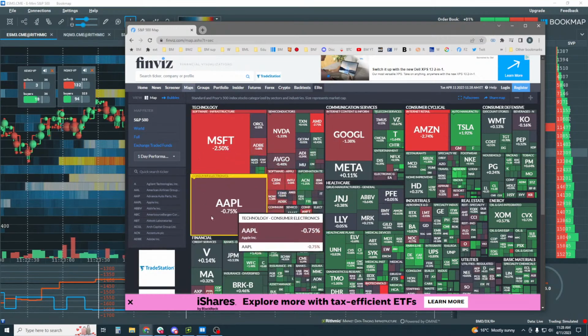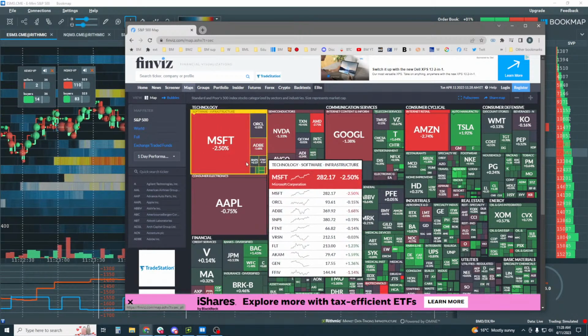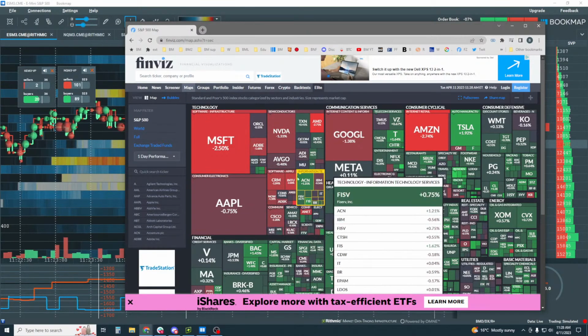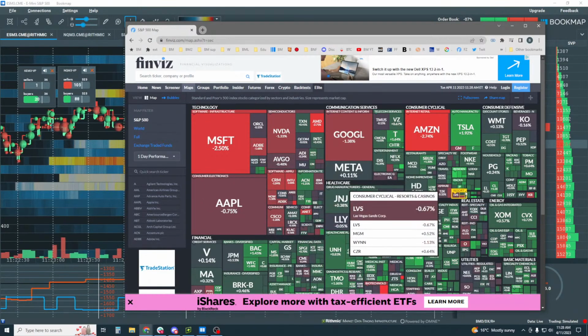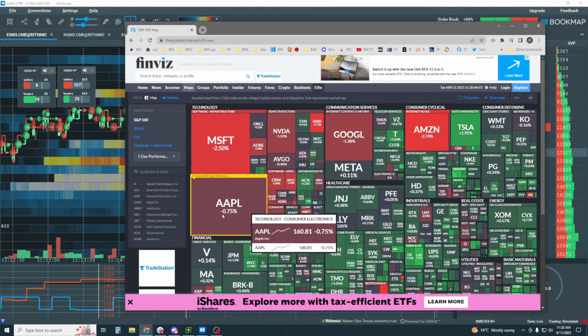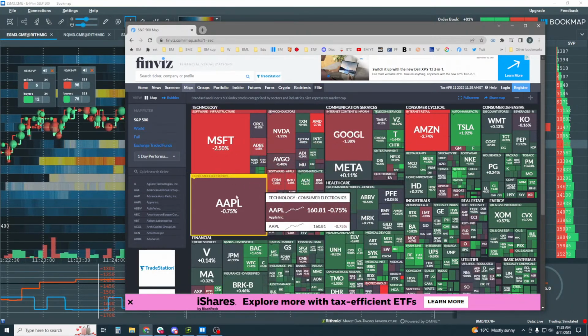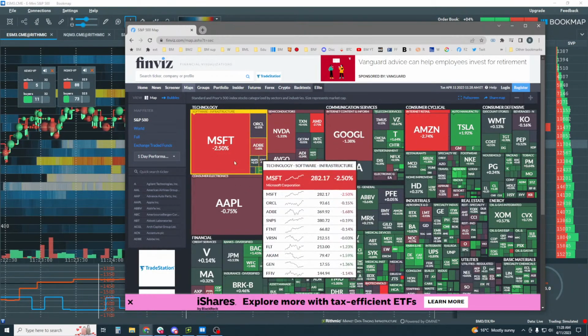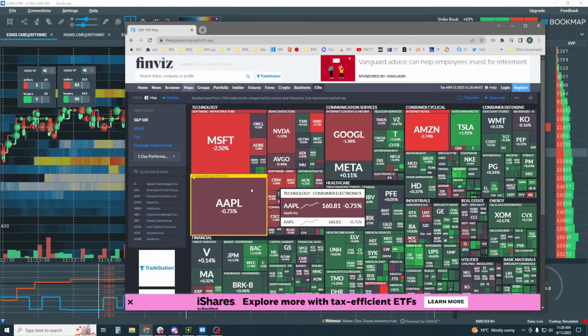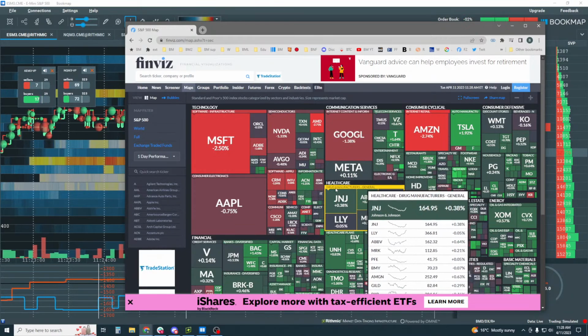Look at technology here. Okay, so this is the S&P 500, right? And this is the technology sector in the S&P 500. Look at the two big gorillas there, Microsoft and Apple. So if you understand where these are going, you're likely going to understand where the Nasdaq is going. Okay, maybe some other ones in here, NVIDIA.